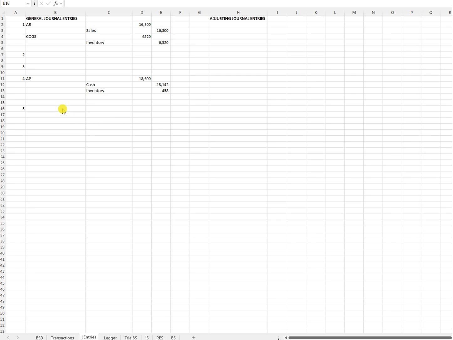The sales return is going to reduce our sales, so we debit sales returns, which is a contra sales or contra revenue account. Meanwhile, we're going to reduce our accounts receivable from Fisher. That's 550. Because Fisher has returned those inventories to us, we're going to increase our inventory as well. That's the cost side: increase our inventory and reduce our cost of goods sold.